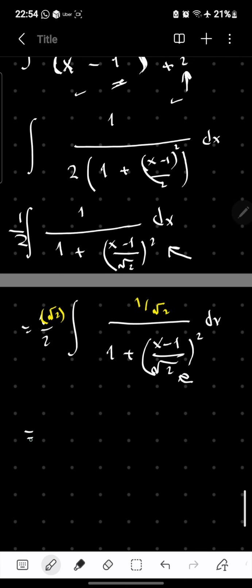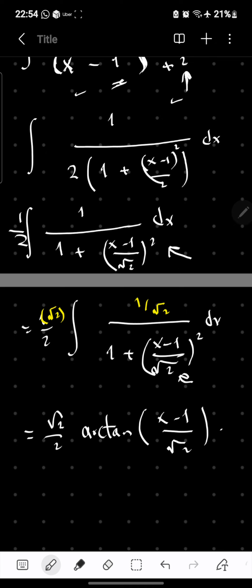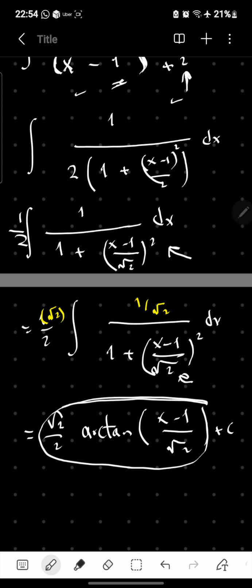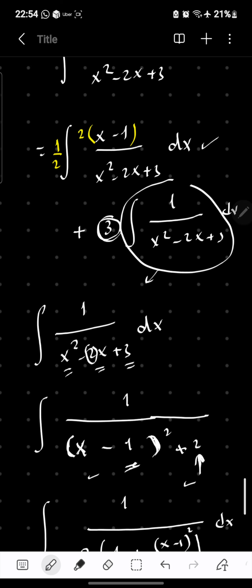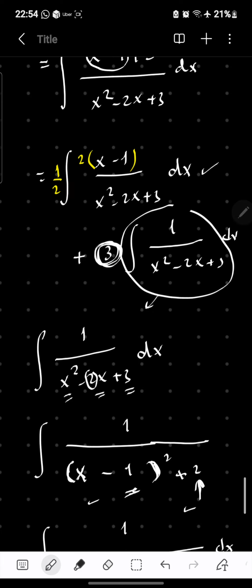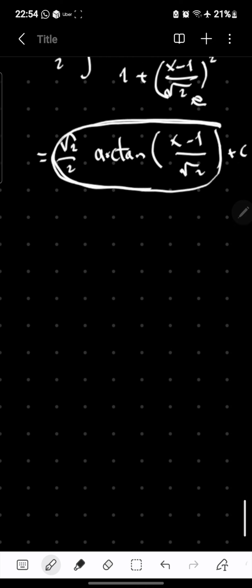Now the solution of this integral is root 2 over 2 arctangent of x minus 1 over root 2 plus c. Remember to multiply this term by 3 because we have forgotten the 3, and add this to the solution of the first integral. So it's kind of tricky integrations.